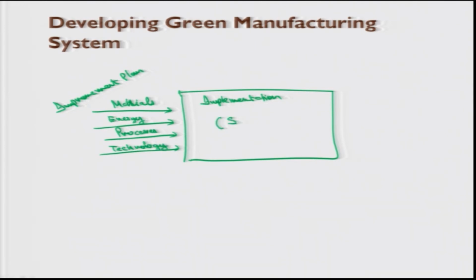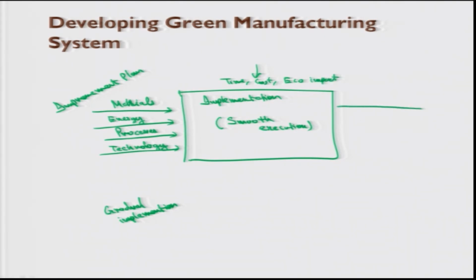What is essential here is smooth execution, that is, gradual implementation has to be there. The performance metrics here would again be time, cost, and eco impact.